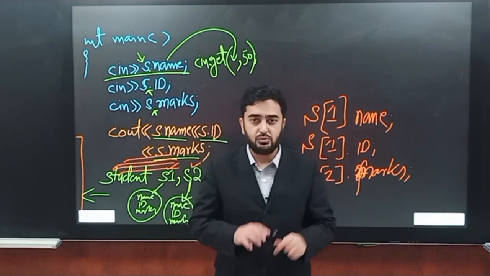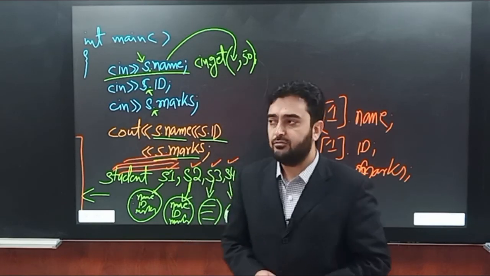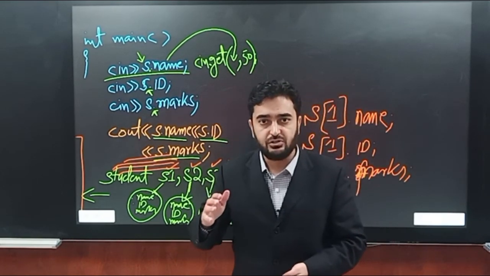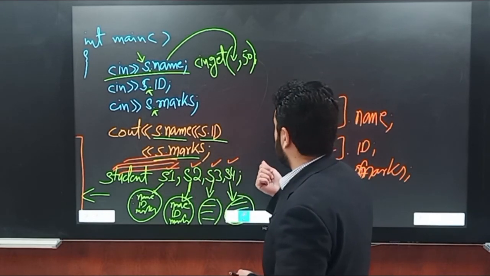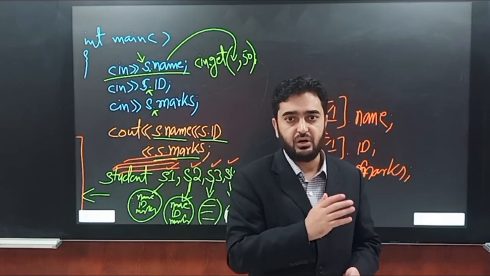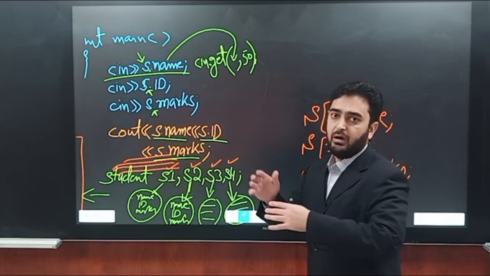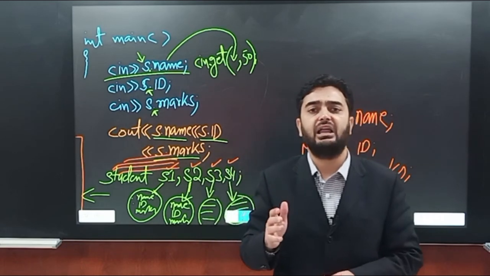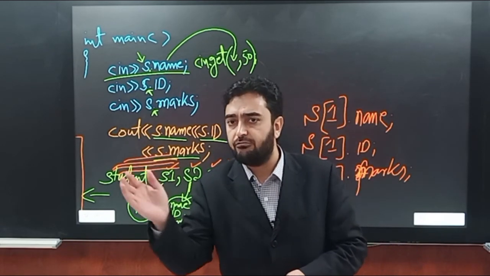Okay, so this was all about the structure, which can be used to combine the different properties of a single object. Okay, so this is a single object about the students. A student has similar properties, like name, ID, marks, and some other properties as well. So it is difficult to define different variables for different properties of each student.